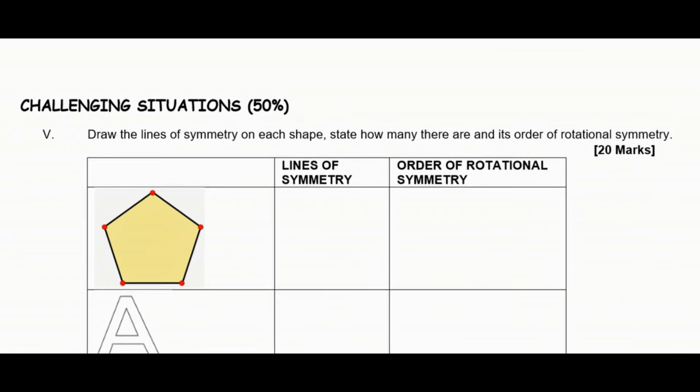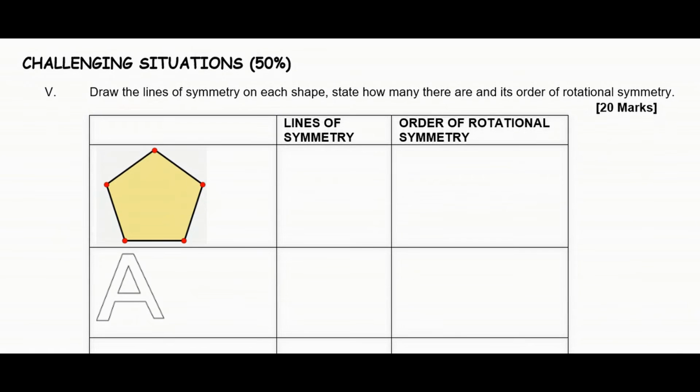We want to move there for challenging situations. So this was asking us to draw lines of symmetry in each one of the shapes. So I want to go like this. Of course, it's not getting that straight, but let's say that this half is congruent to the other half, right?